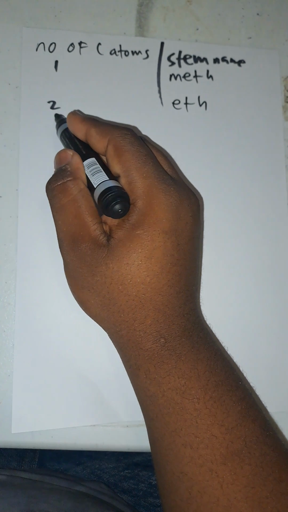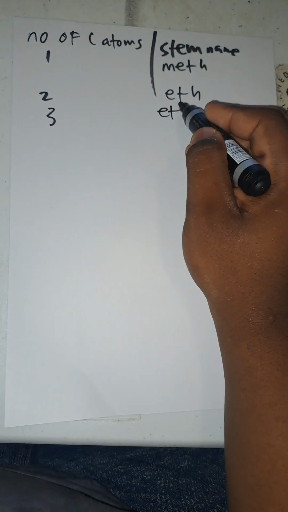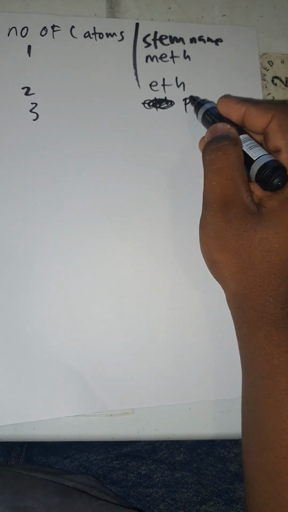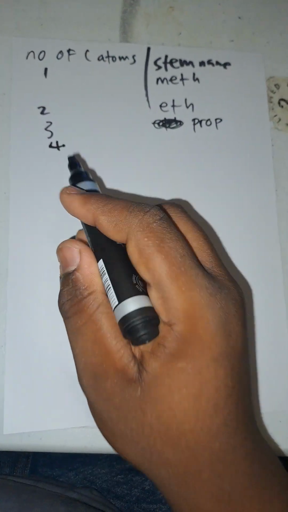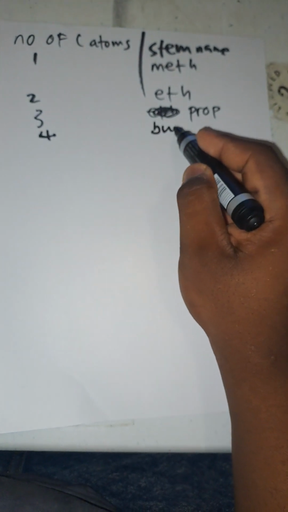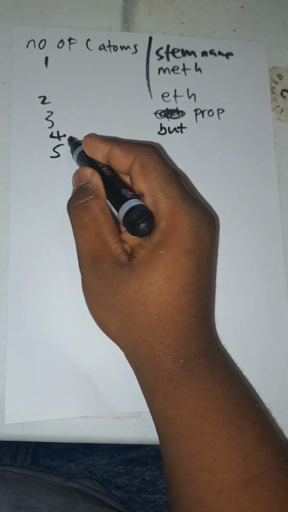If we have three carbon atoms, it is prop. When you have 4 carbon atoms, we refer to it as but.